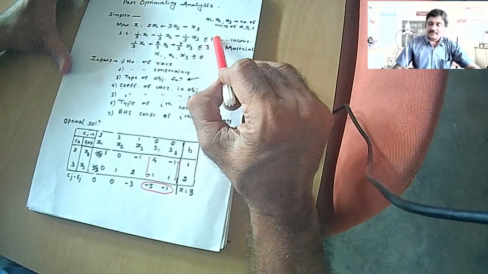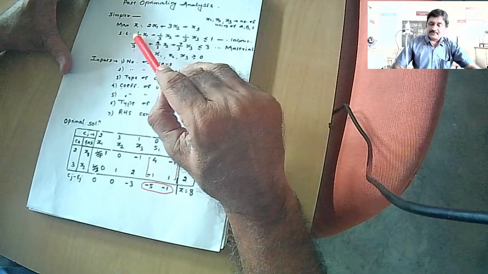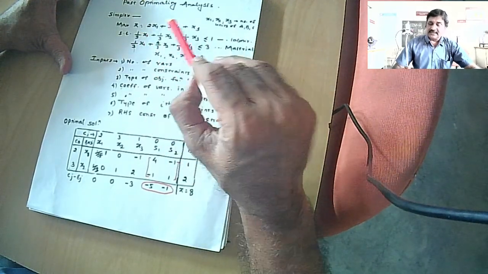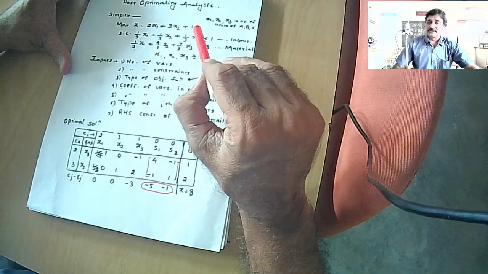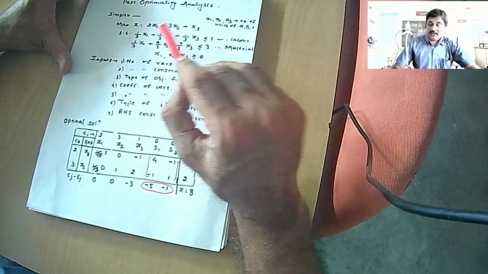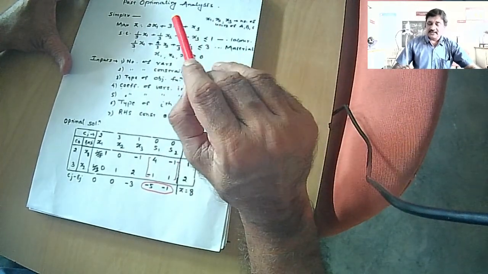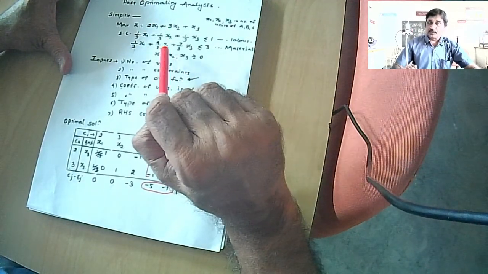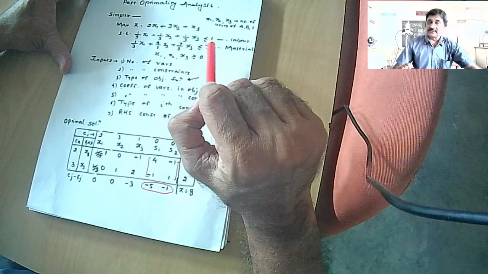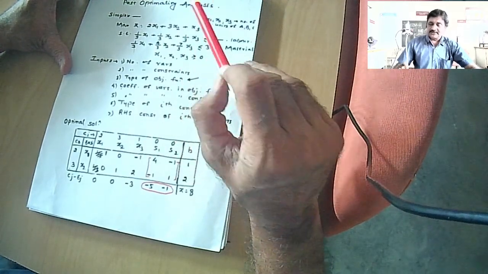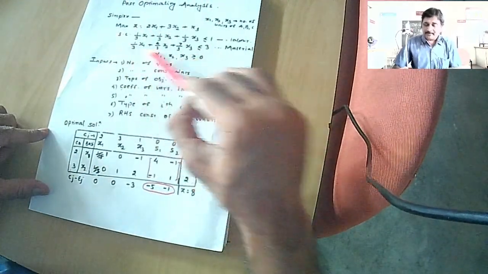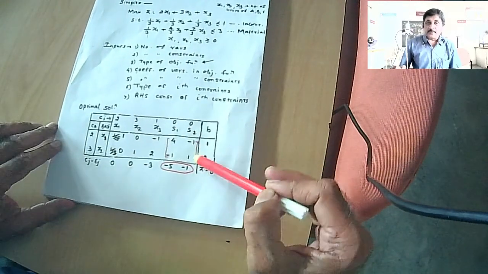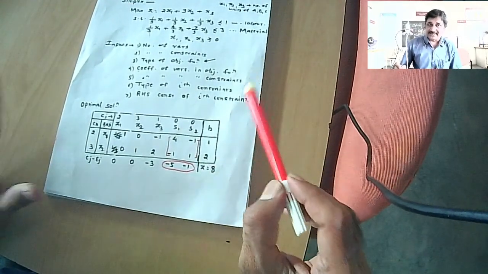We have 1 unit of labor available, and products A, B, and C require 1 by 3 units of labor each. The second constraint deals with material. Product A requires 1 by 3 units of material, B requires 4 by 3, and C requires 7 by 3 units of material. Alright, so for this LPP, we have this as the optimal solution obtained by the simplex method.